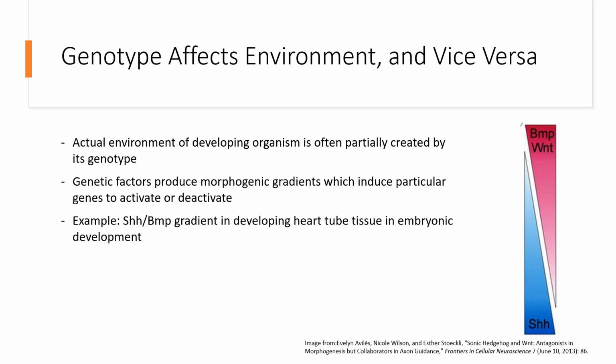The picture on the right here is an example of this. It shows, in just a simple image, the reciprocal gradients present in the developing embryonic heart of the proteins sonic hedgehog, bone morphogenic protein, and Wnt protein. Together, these three proteins, which are themselves produced by cells in the embryo and thus produced genetically, define the developmental environment of the cells which will eventually become the heart.